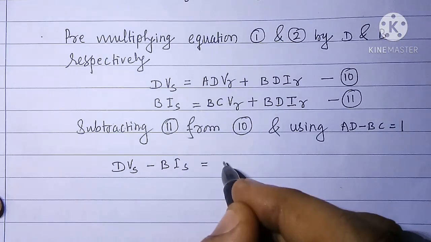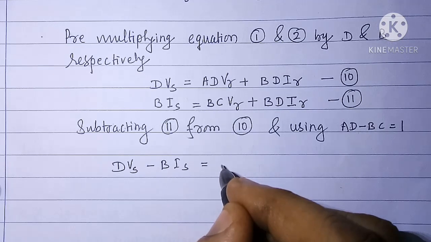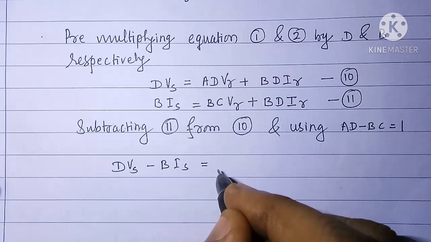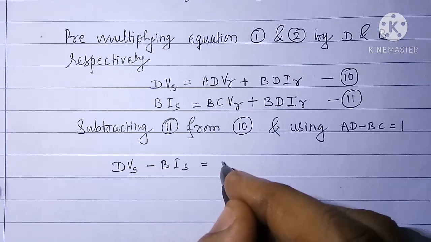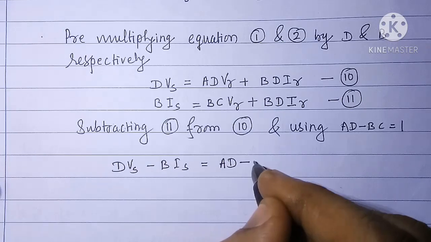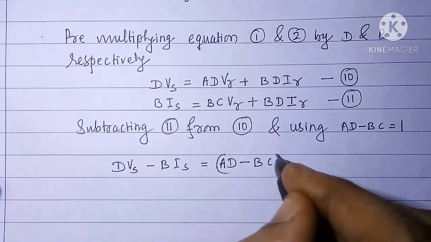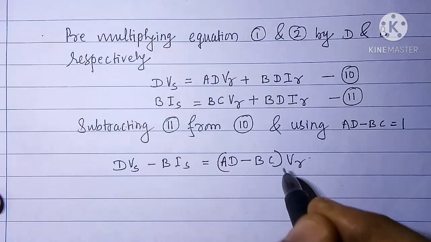We will have AD minus BC into VR. But AD minus BC equal to what?